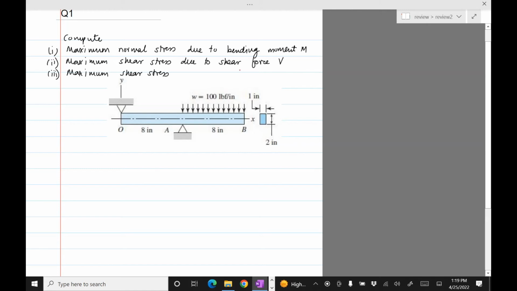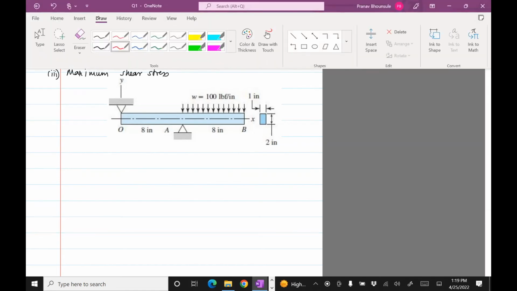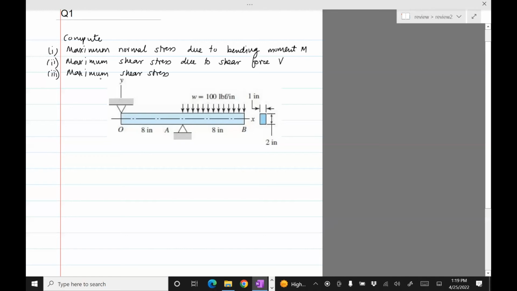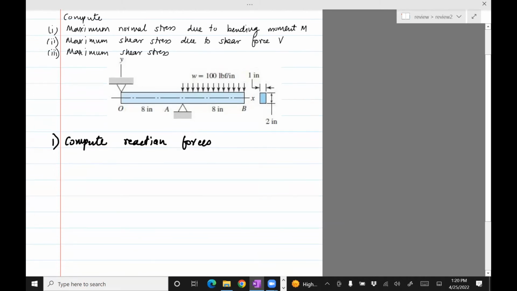So there are parts to it which I think are something you know very well. So the first part would be to compute reaction forces. And this is something which I would like you to practice.